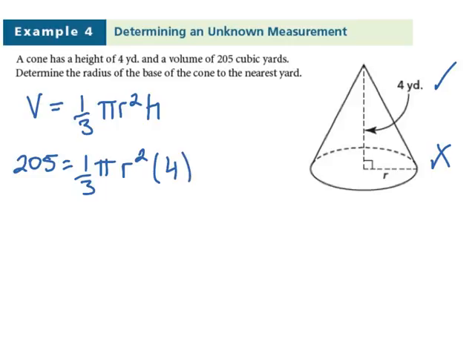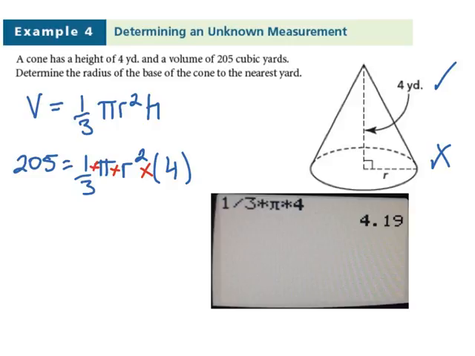How do we bring them together? We know that there's multiplication between these values. So on your calculator, we just multiply them to get a result of 4.19. This means that we get 205 on the left-hand side and 4.19 times r squared.